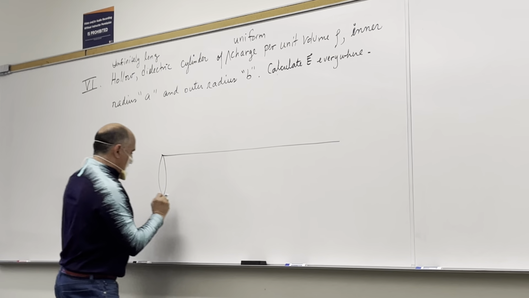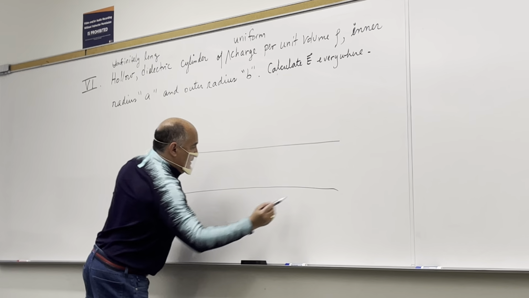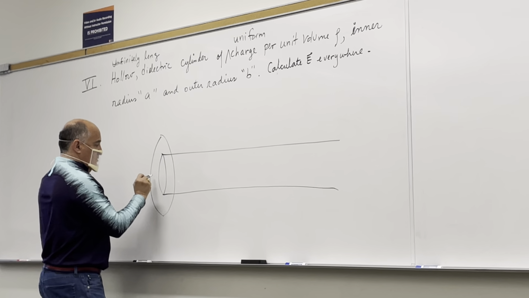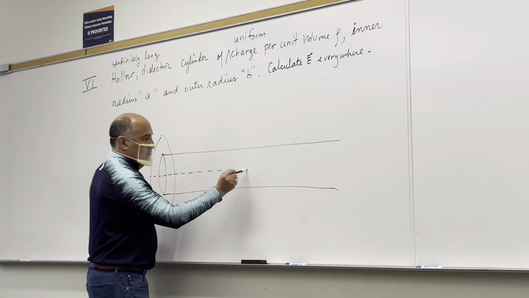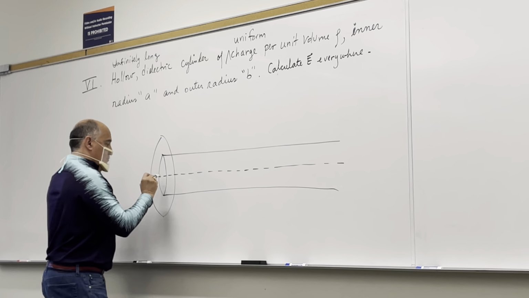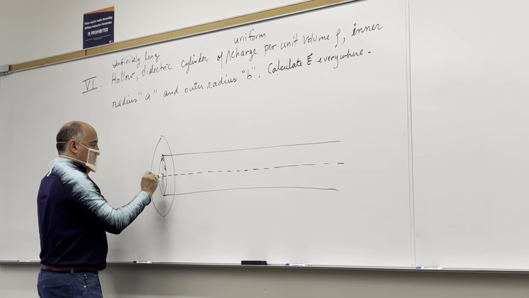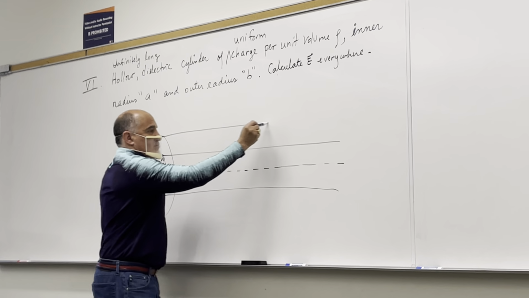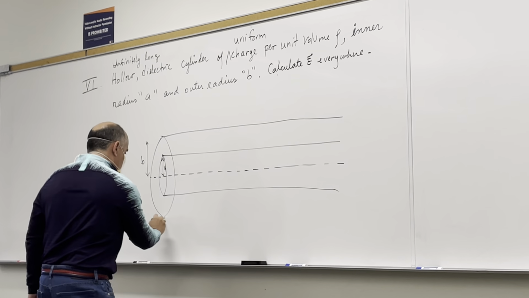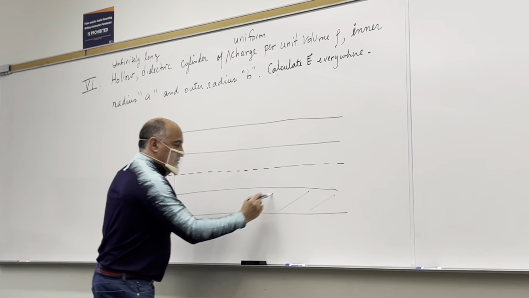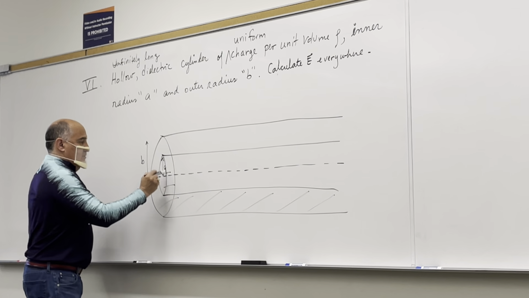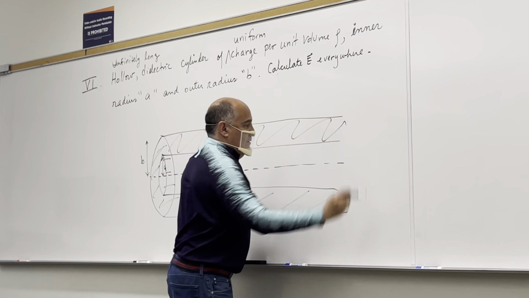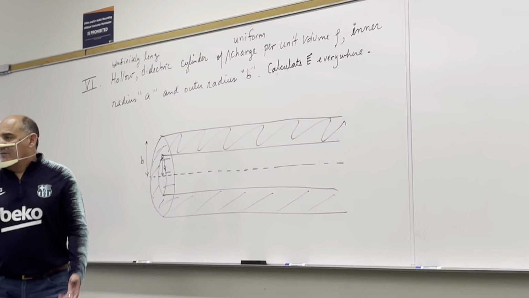So what we have is this very long cylinder. It's hollow. So the inner radius is a, and the outer radius is b. So this is the actual material. And we want to know the electric field everywhere in space.